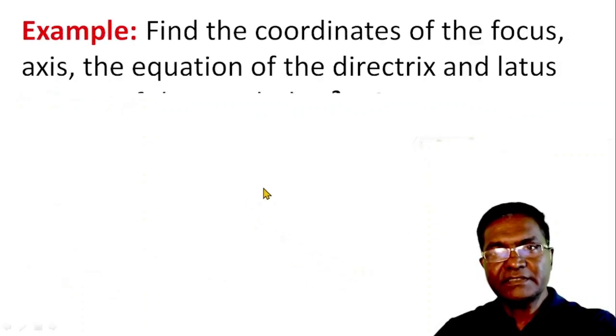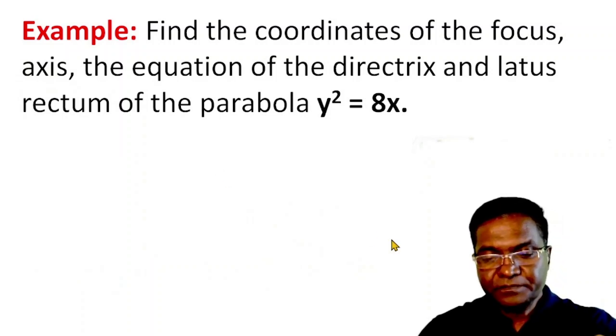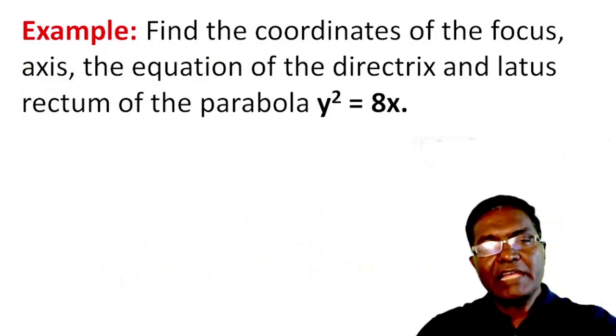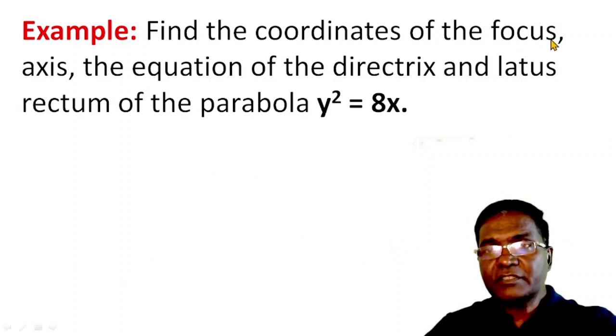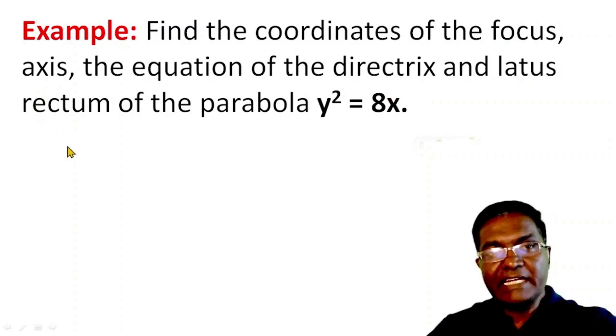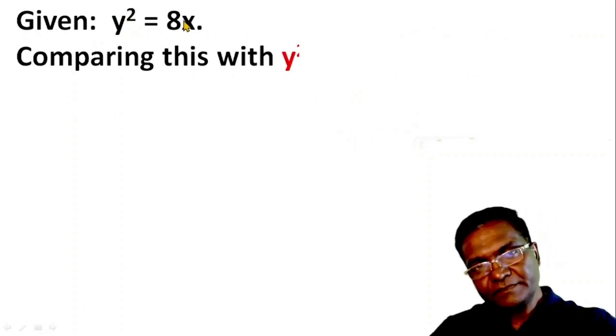Now see here, with all the previous points, we will have some problems. Find the coordinates of the focus, axis, the equation of the directrix, and latus rectum of the parabola y square equal to 8x. So you are given y square equal to 8x.